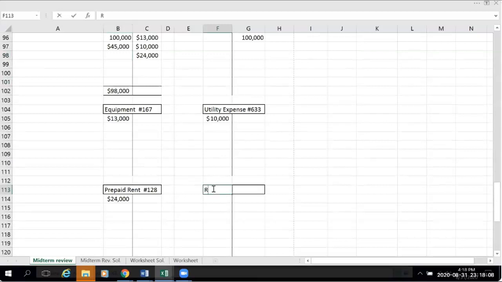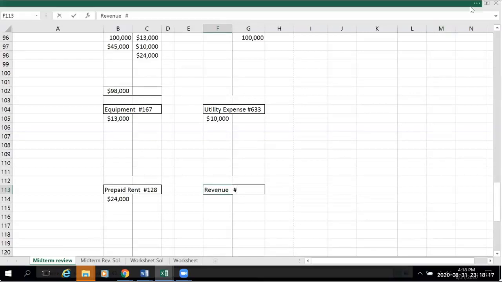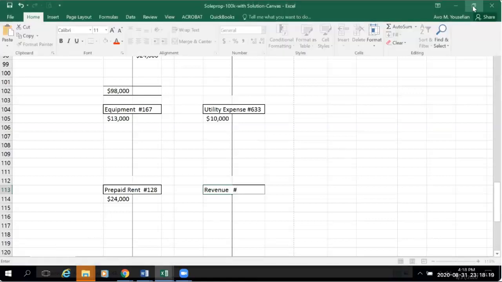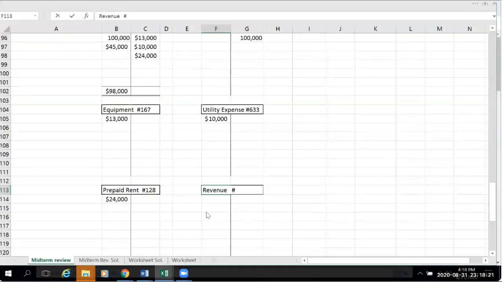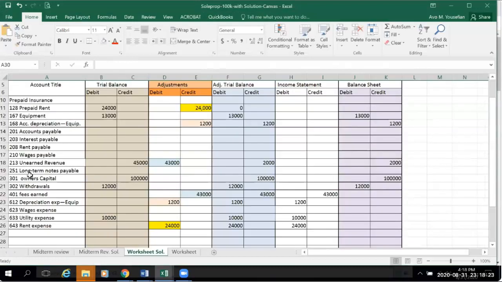Here we go. Revenue. Account number, what? Let's see. Go to the worksheet, revenue, the account number is, we used here, fees earned. You see fees earned is the same as revenue, 401.